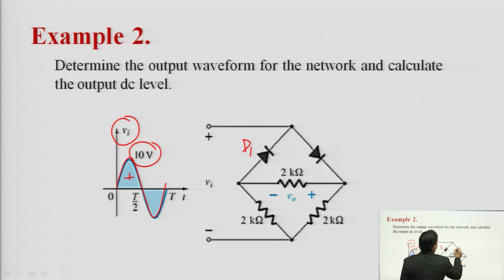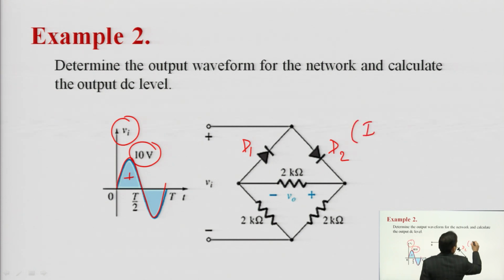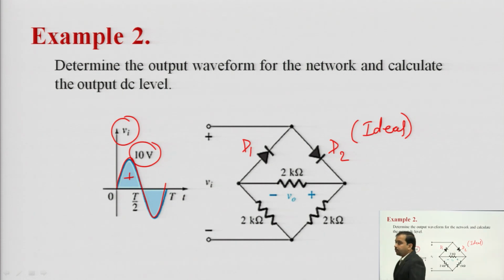Let us name these diodes D1 and D2, and these diodes are ideal, because when nothing is specified on the diode, we need to assume these diodes as ideal. V0 is the output voltage across the resistance of 2 kilo ohms.